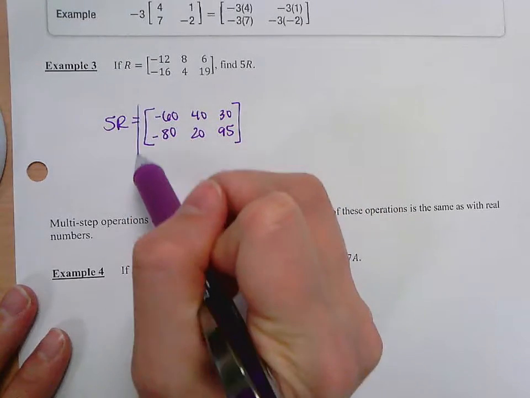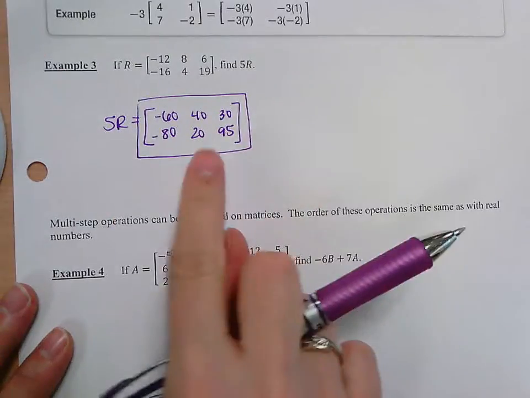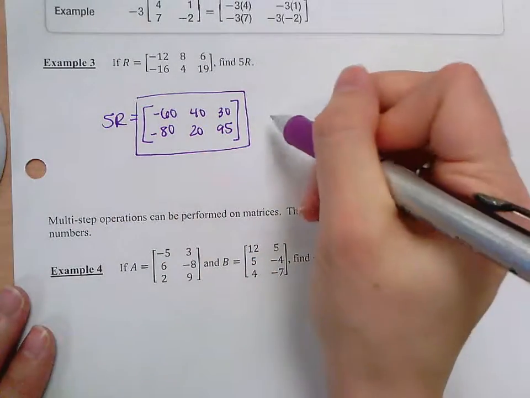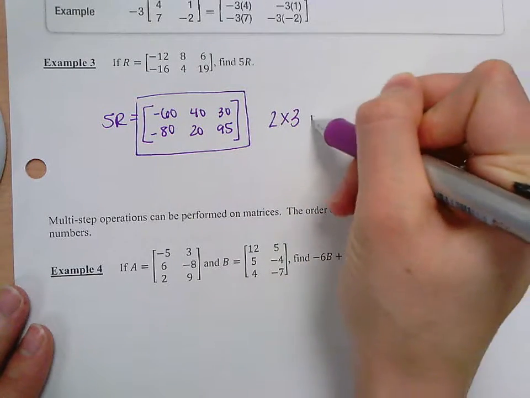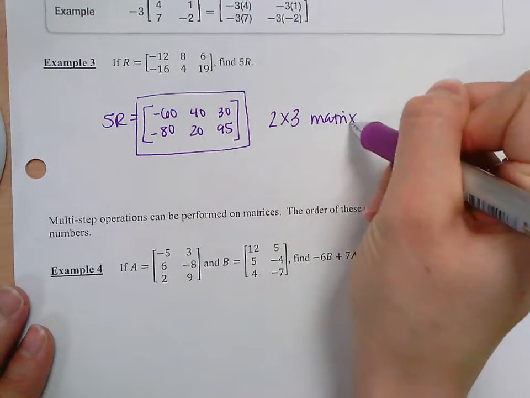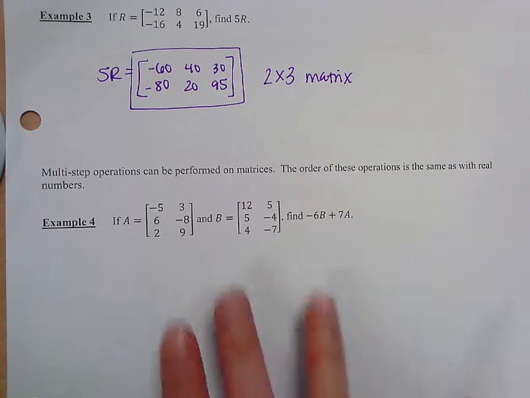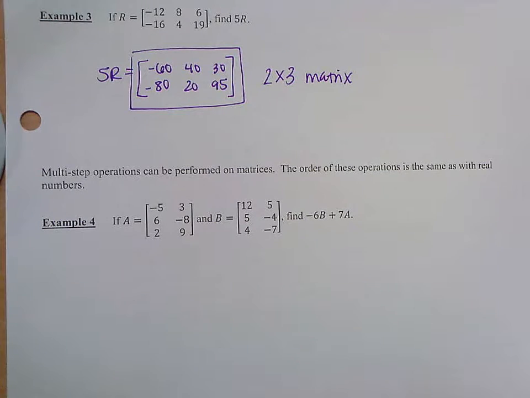It doesn't ask us this, but what would the dimensions of this matrix be? 2 by 3. Two rows, 3 columns. I'm going to have you look at example 4. So this is now putting those operations together.